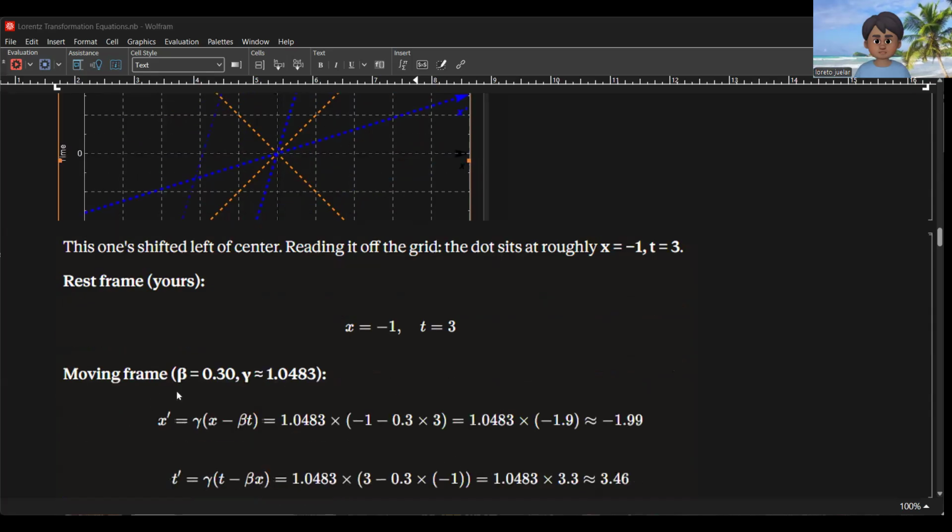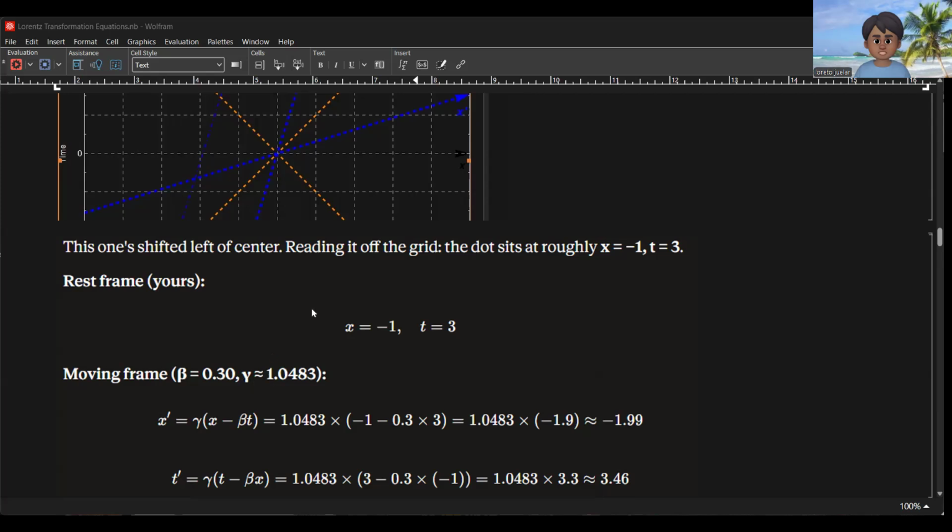So the moving frame, the beta here is equal to 0.3. That is the relative speed with respect to the speed of light. Then we have the Lorentz factor.